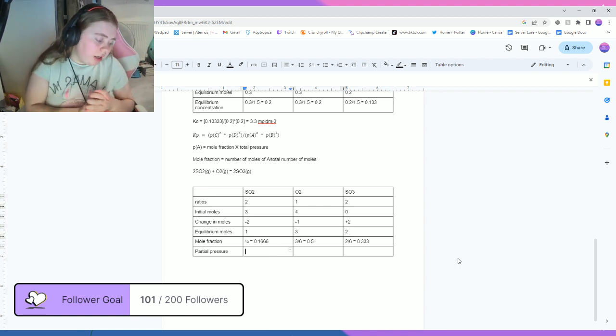Now to get the partial pressure, we are given the total pressure of 50.